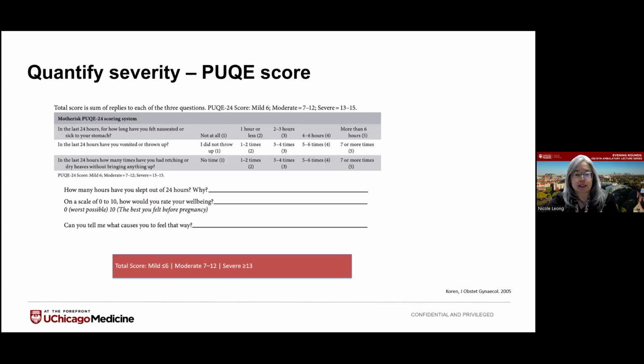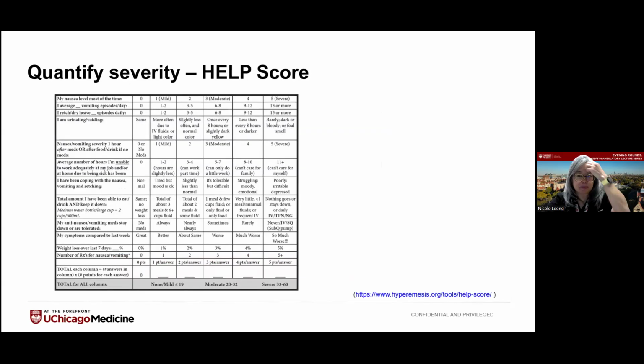There's another questionnaire. This is the HELP score, and it has been validated to track how someone's progress is. So if we are monitoring treatment, we can give this questionnaire again to make sure that things are improving. It has a little bit more extensive questioning, but this is another option to use.